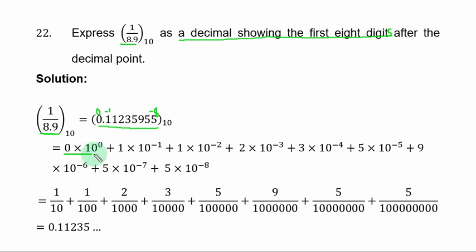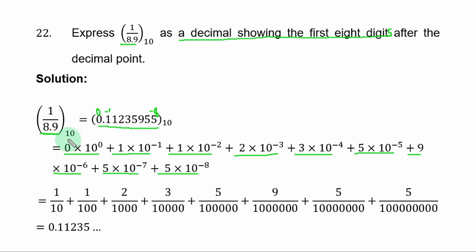So you have 0 times 10 power of 0 plus 1 times 10 power of minus 1 plus 1 times 10 power of minus 2 plus 2 times 10 power of minus 3 plus 3 times 10 power of minus 4 plus 5 times 10 power of minus 5 plus 9 times 10 power of minus 6 plus 5 times 10 power of minus 7 plus 5 times 10 again power of minus 8. So you have the first 8 digits.